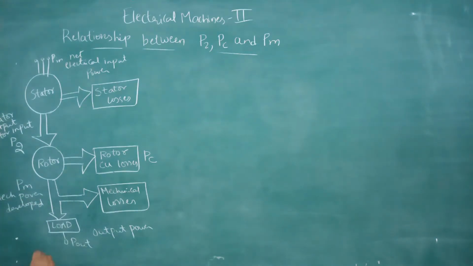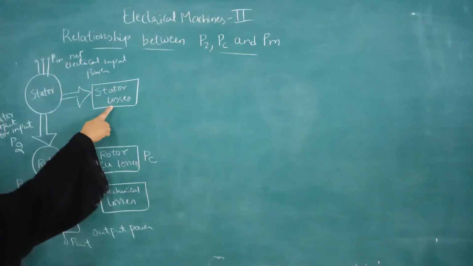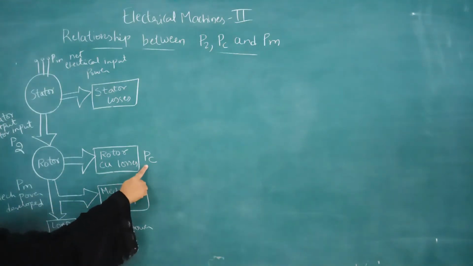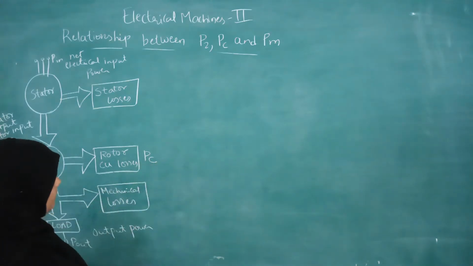So we can write P2 is equal to P in minus stator losses, and PM is equal to P2 minus PC. P out will be equal to PM minus mechanical losses. Also we can write the equation for PC as 3I square R.